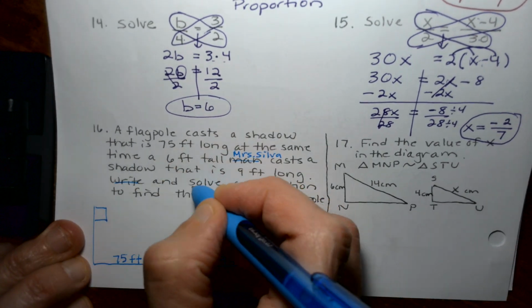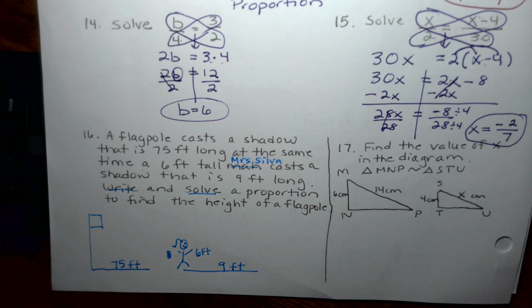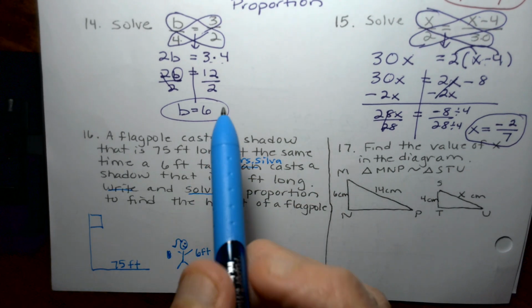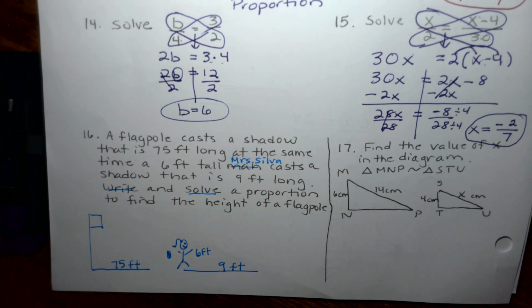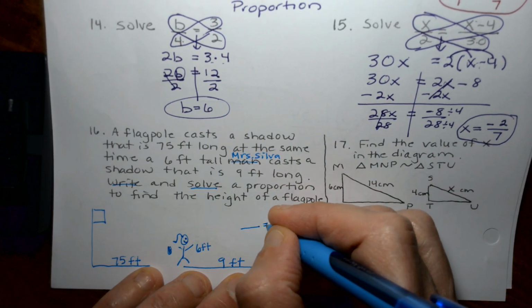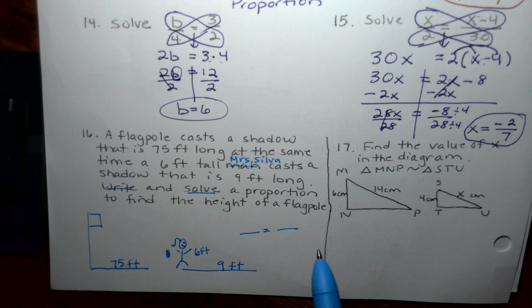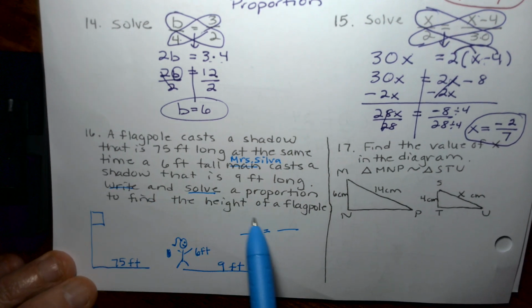Write and solve a proportion. Okay, a proportion, we just talked about that right here. A proportion is a fraction equaling a fraction, so you can set that up. Remember I said, first of all, you've got to put your variable in, and we didn't even write our variable here yet, did we? Write and solve a proportion to find what? The height of the flagpole.